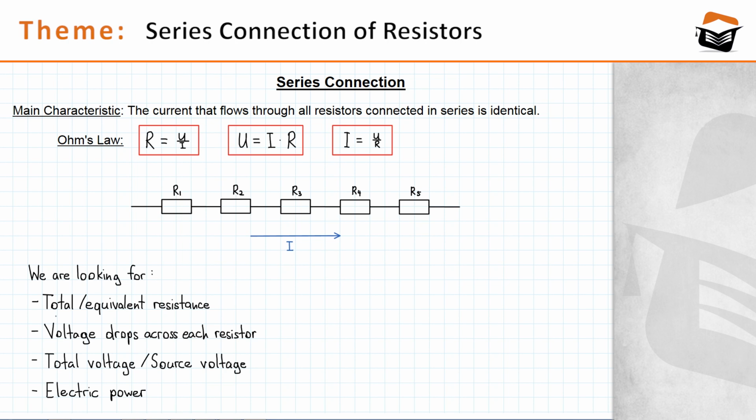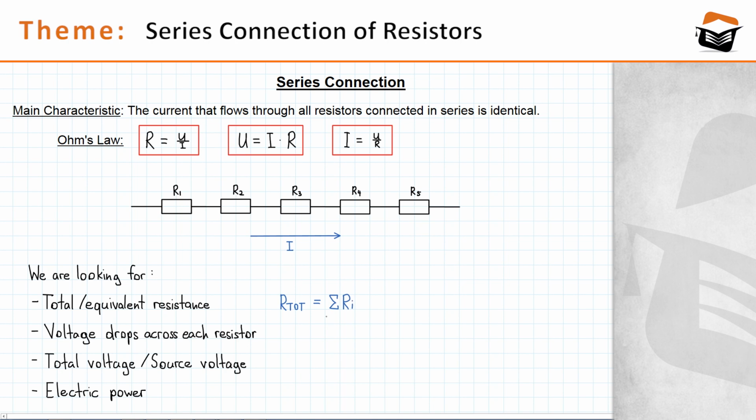And the total or the equivalent resistance is equal to the sum, let me write it down, R tot, which stands for total, or you could also write Req for the equivalent resistance. That's equal to the sum of all individual resistances in the series connection.